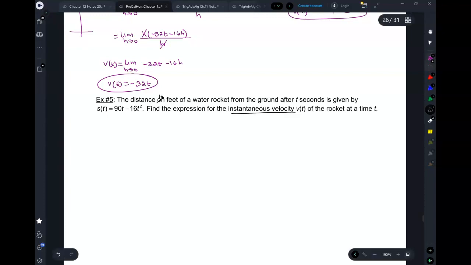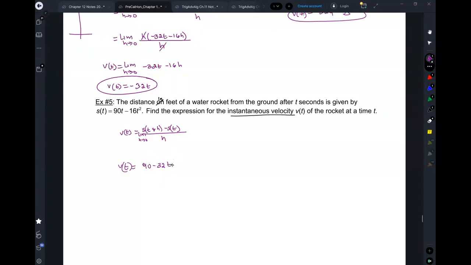So this is going to be s of t plus h minus s of t, all over h, as the limit as h approaches 0. I'm going to give you 90 seconds to do this. On your mark, get set, go.